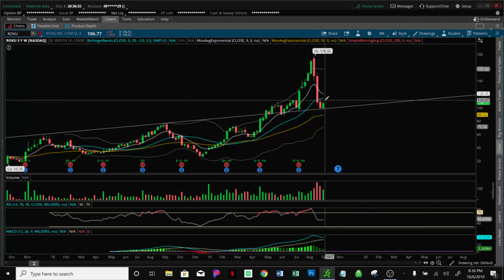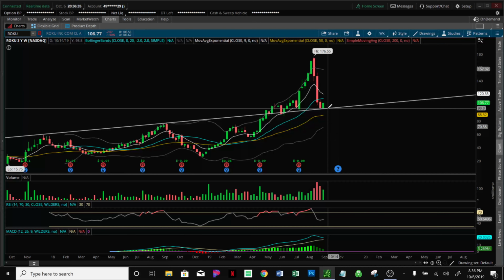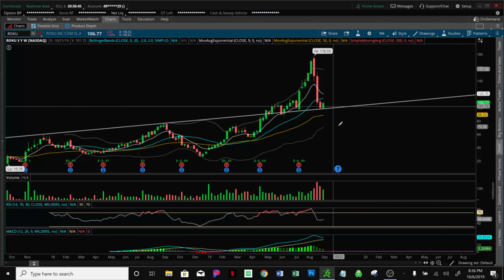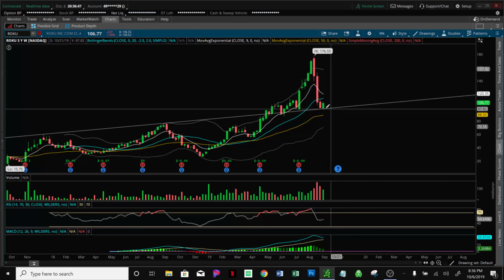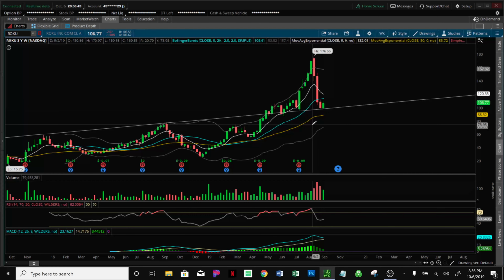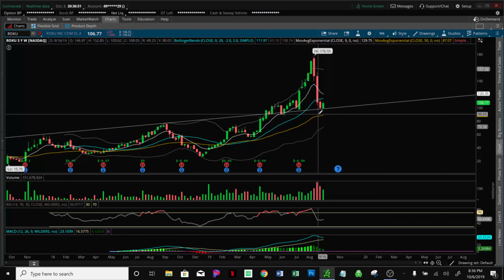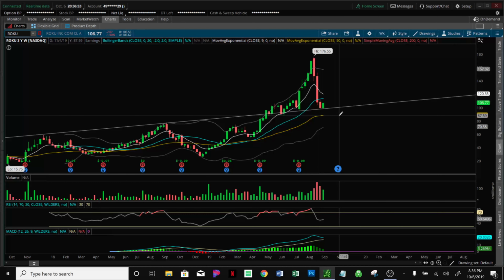If this stock were to start to roll over, you would look at this trend line as a possible support that it would find here. Or if it broke down through this trend line on a weekly, then it could spell another move down. So I do use the weekly. Usually if you get an indicator on the weekly, it's a pretty strong indicator of what's going to happen with the big picture of the stock.